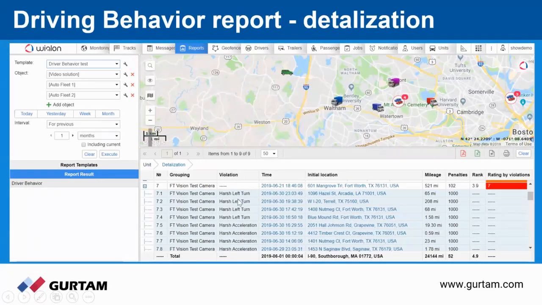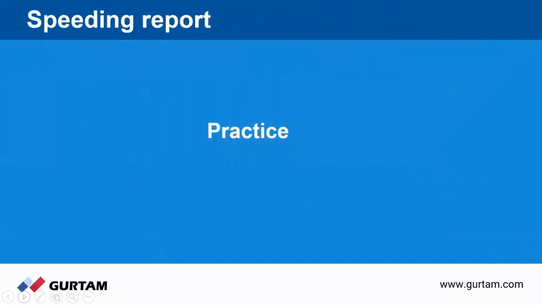So here happened harsh left turn and harsh acceleration. We see when it happened, location, and penalties that we assigned for this particular violation type. And overall, you see that the overall rank is 3.9. So that's basically it for the report.